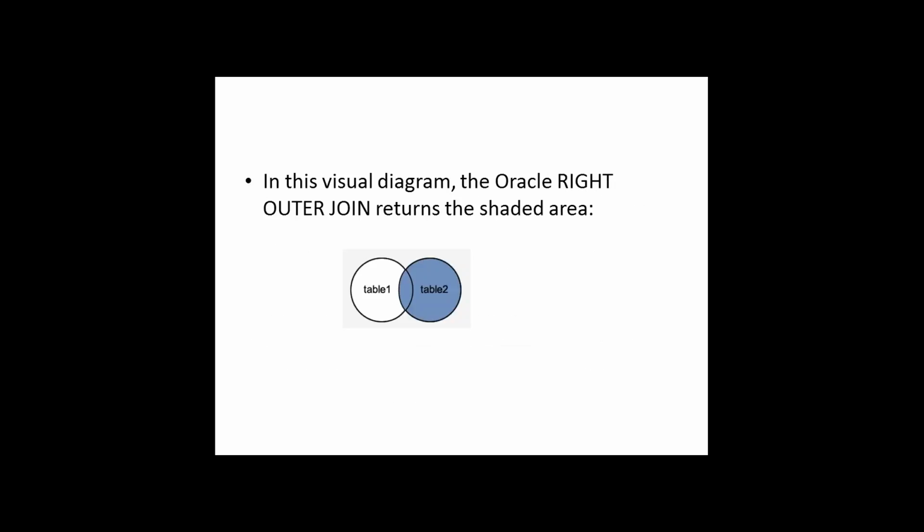You have a situation where you want to retrieve all the data from table 2, but only matching columns from table 1. So if you want all the data from the right hand side table and only the matching data from the left hand side table, then we go for a right outer join.